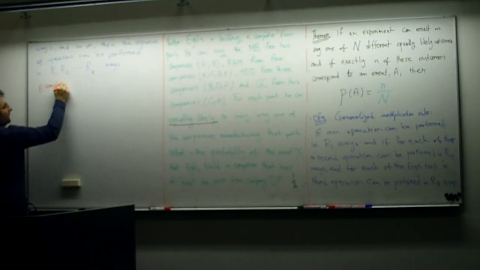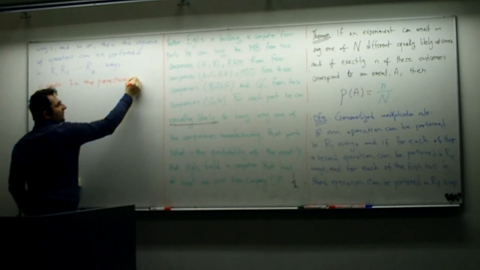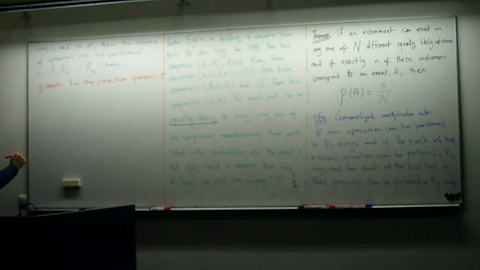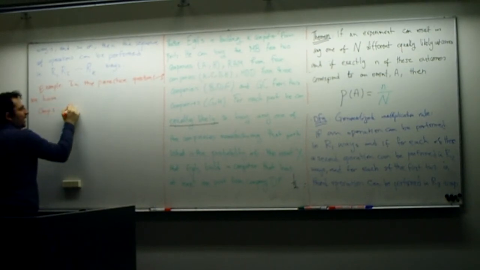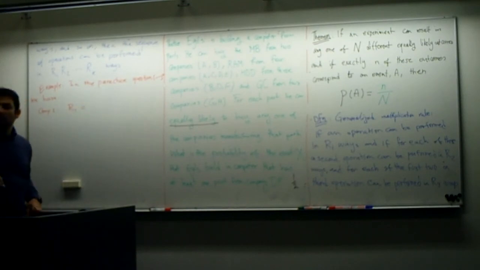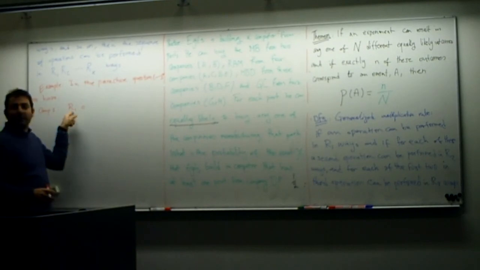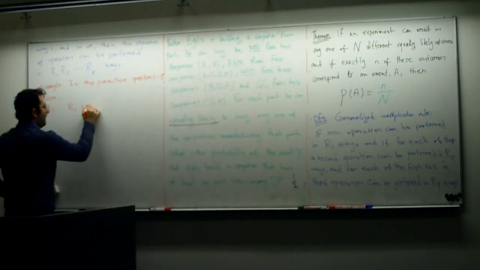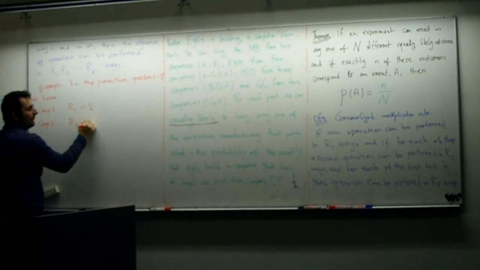As an example, in the practice question, which is this one, for component 1, how many ways of selection do I have? 2. It's either A or B. For component 2, I have 4.